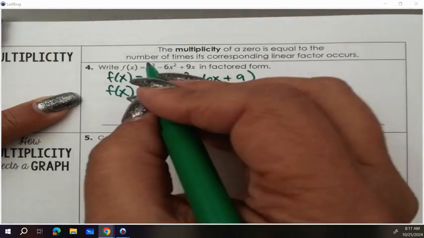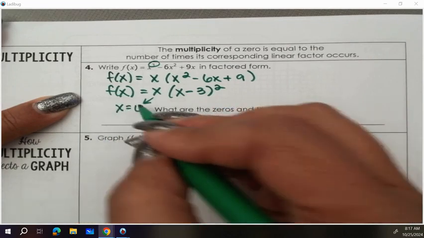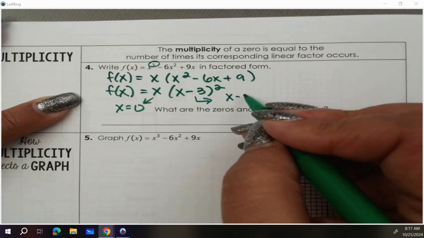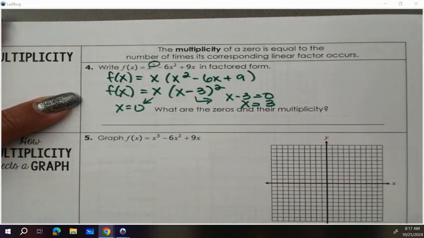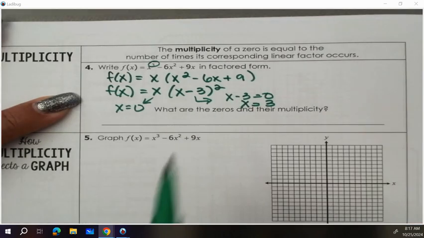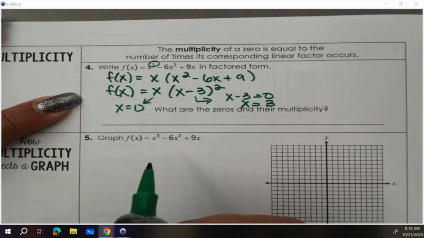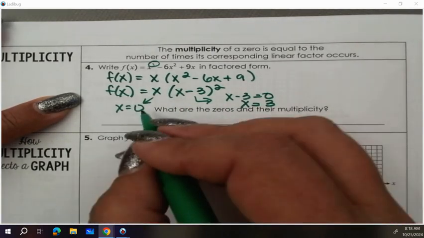So if I'm trying to find my zeros now, I get one of them at 0. Where are the other two at? The other two are at 3. And it happens twice because it's x minus 3 times x minus 3. So what are the zeros and their multiplicity?